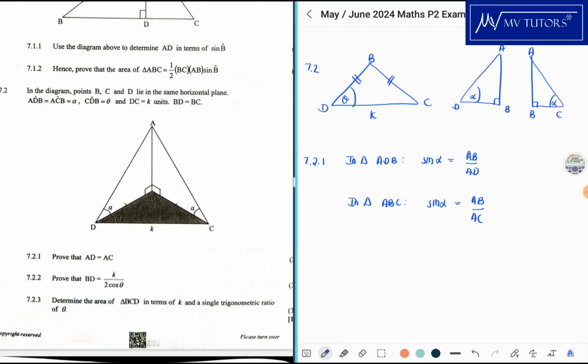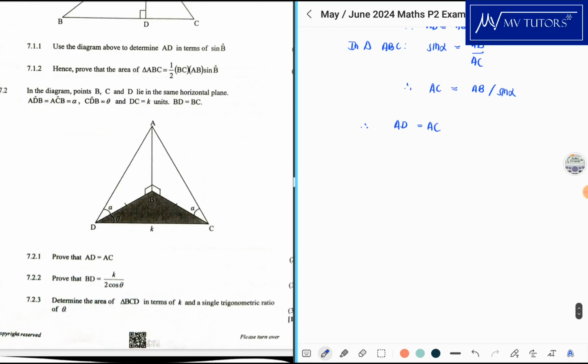Therefore, AD is equal to AB divided by sine alpha. And here, therefore, AC is equal to AB divided by sine alpha. So therefore I see that AD is actually equal to AC. I've proven it. So that's fine. Now we can go to 7.2.2.